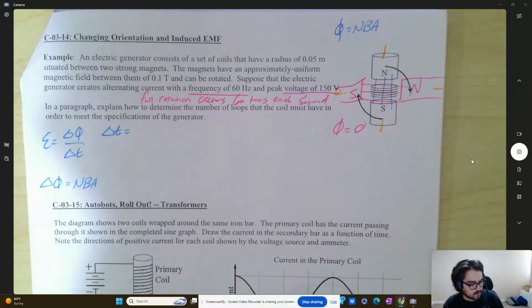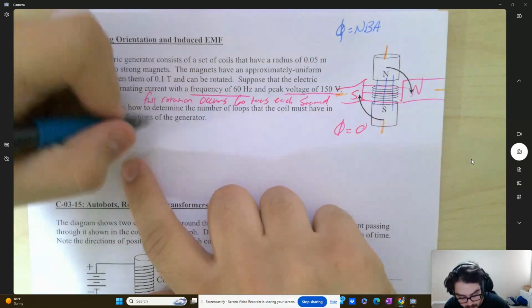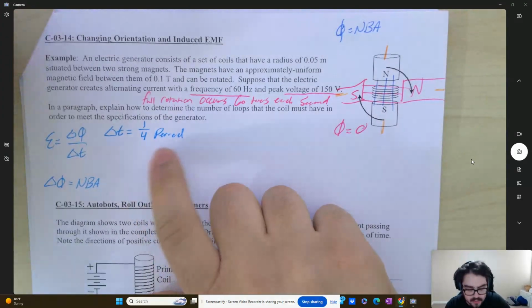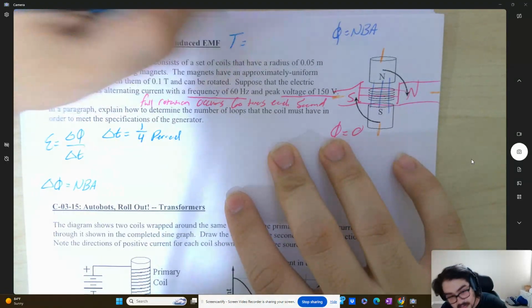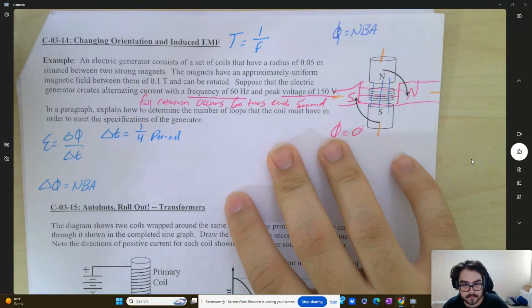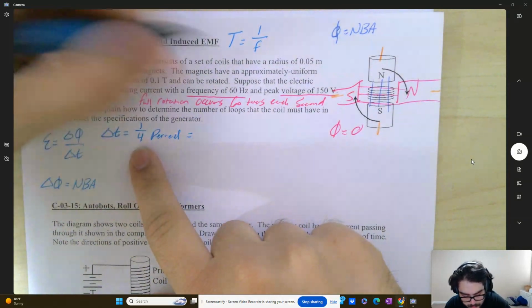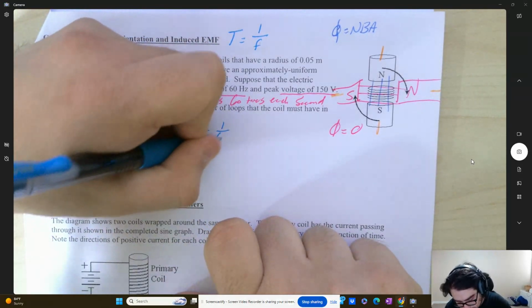How do we do that? You should remember from physics 1, that's the same thing as period. So it'd be 1/4 the period. And do you remember the relationship between frequency and period? Period T is equal to 1 over the frequency. Pretty straightforward. So that's going to be 1/4 of 1 over 60.